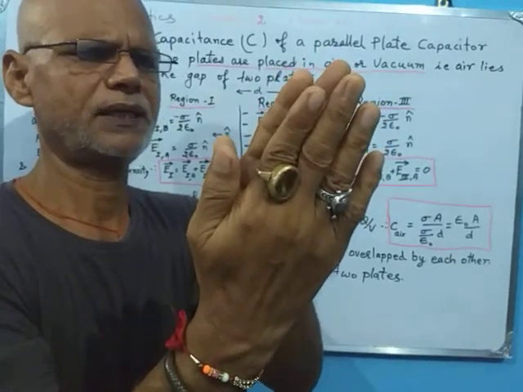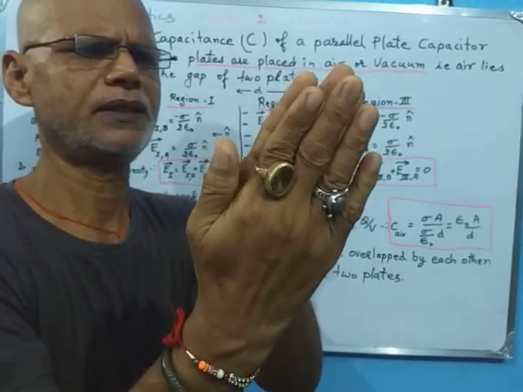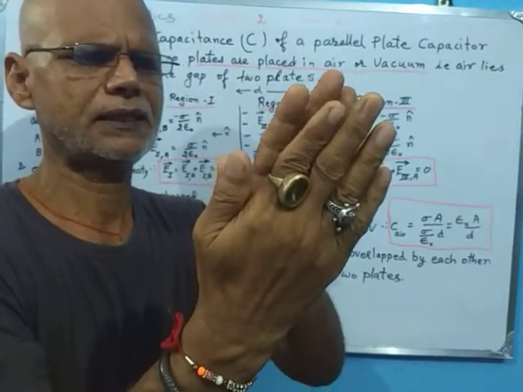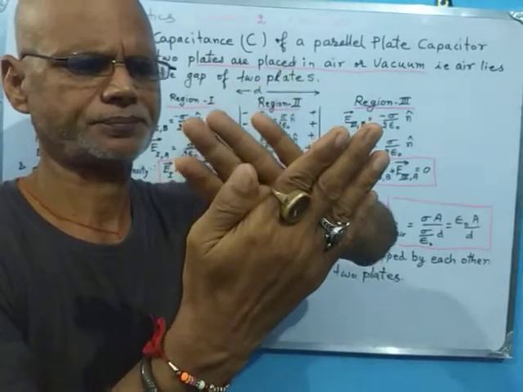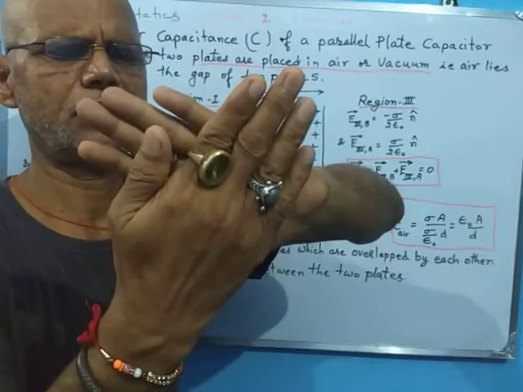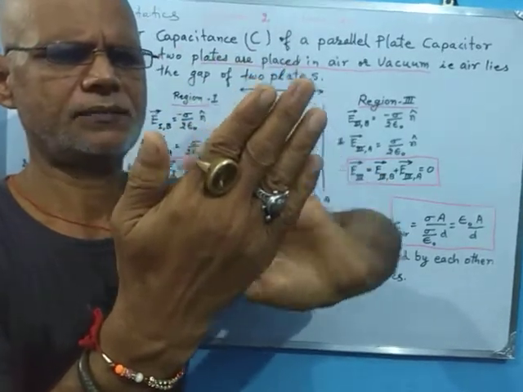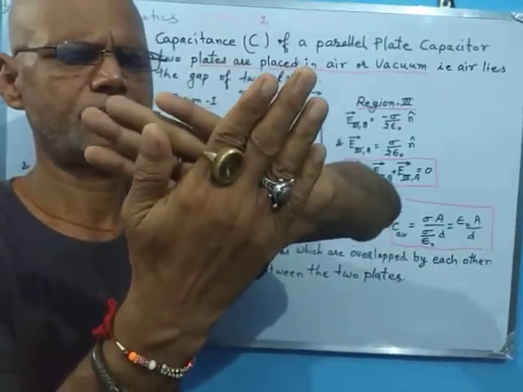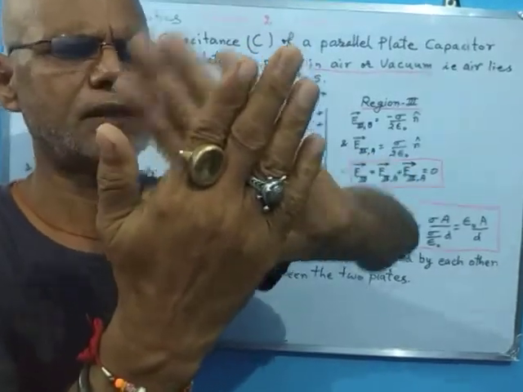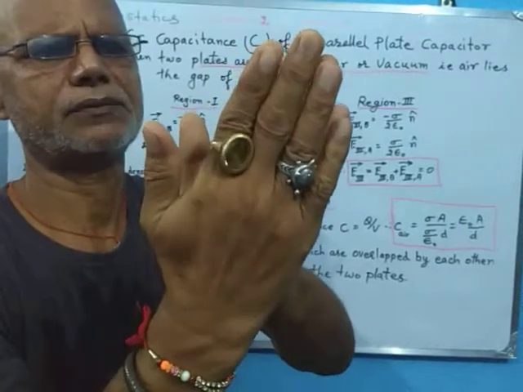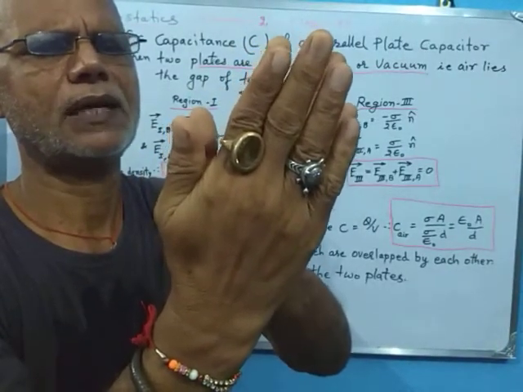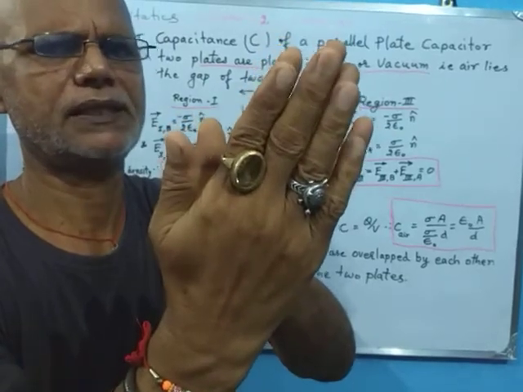Then both of the plates are completely covering each other. Now if we imagine that the plate is rotated by 90 degree, then only the central part of the plate is being overlapped by each other. So in this case, the effective area of the plate will be less than the actual area of the plate, as was in this case when both the plates were completely covering each other.